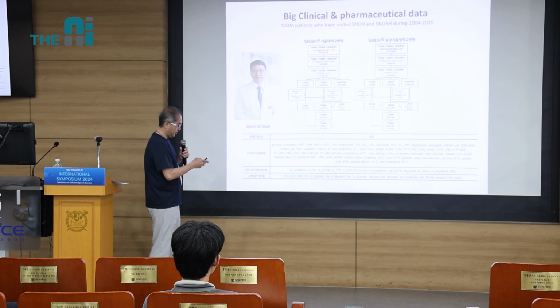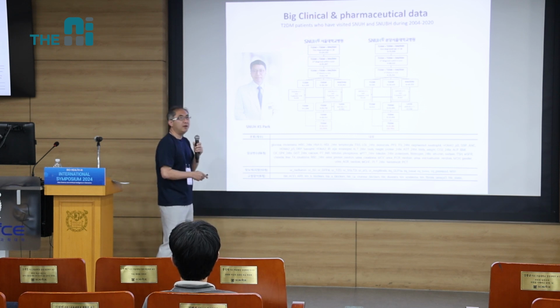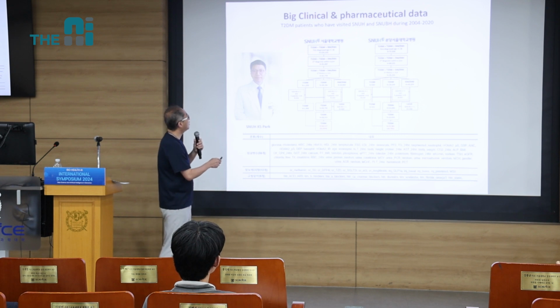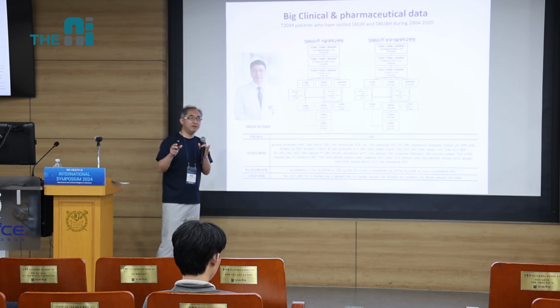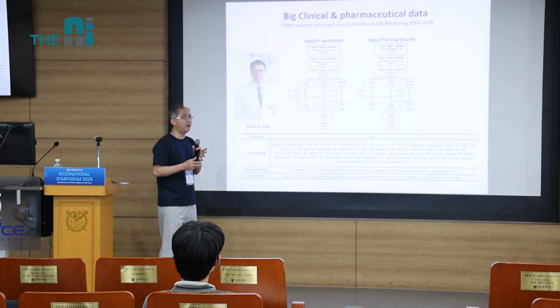From the Seoul National University Hospital, we have two major branches here. This is the headquarters and main hospital, and this is the second branch hospital in Gundam. Each patient regularly visits this institution, basically every 3 months in Korea.